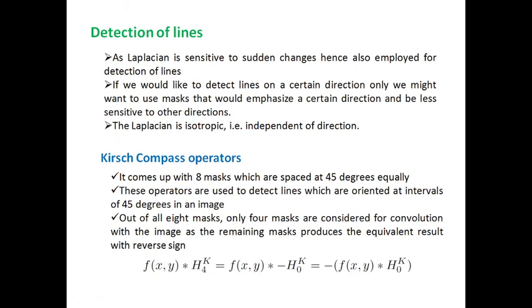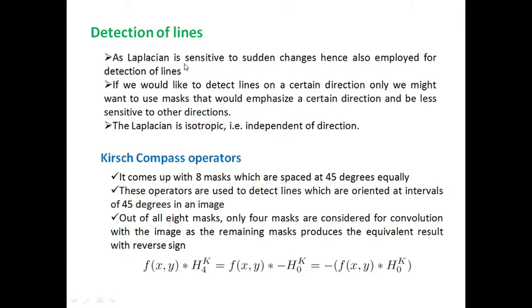Now let us see how to detect lines. If any lines are present in a given input image, how to detect or diagnose whether a line is truly present in the input image or not. As we know, the Laplacian is responsible for sudden fluctuations in the intensities.